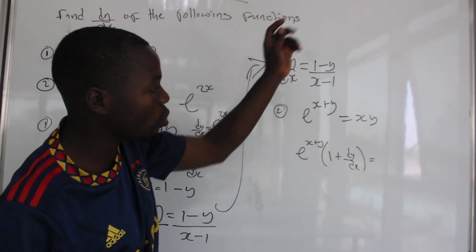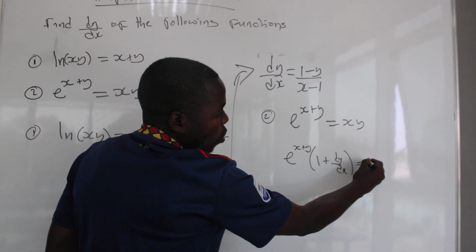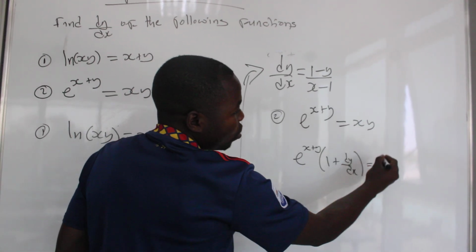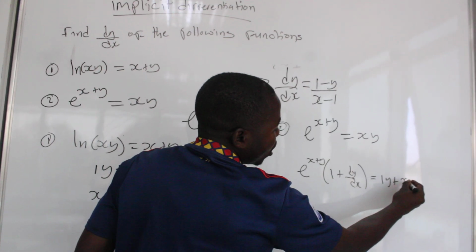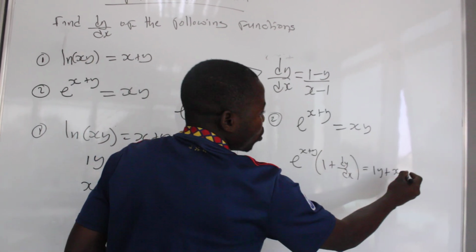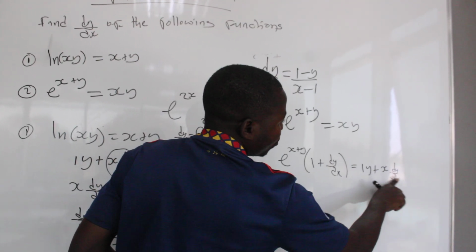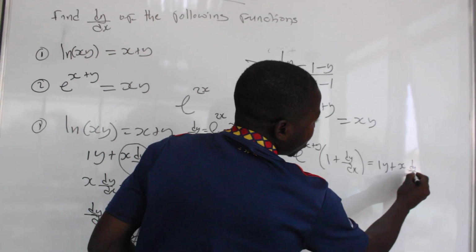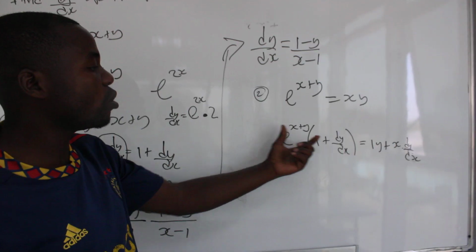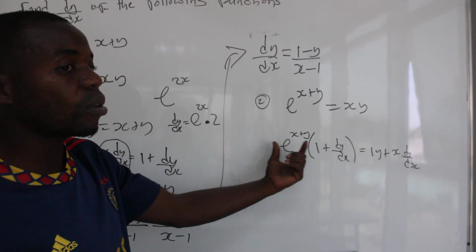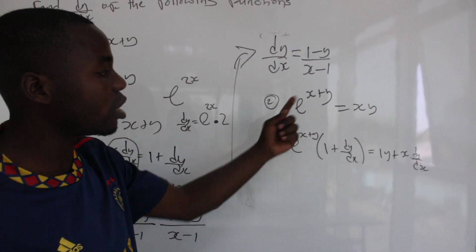So it will be, to differentiate this one using product rule, it is 1, this one maintain, plus x maintain, differentiate y, I'm going to say dy/dx. So now, what you're going to do is to distribute, multiply what is inside the bracket, multiply e^(x+y) by the (1 + x dy/dx) inside the bracket.